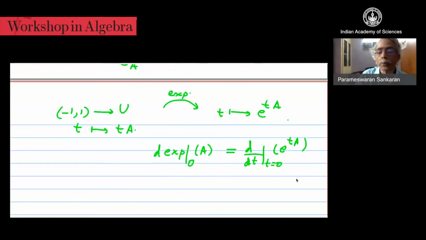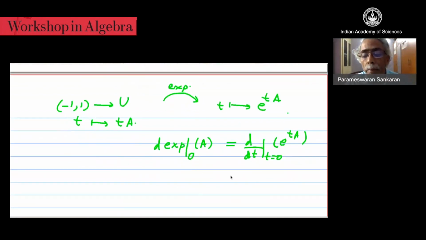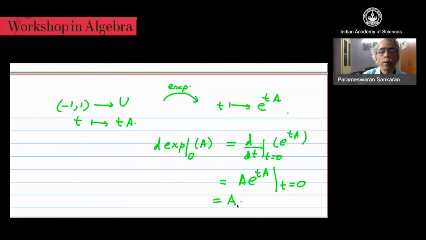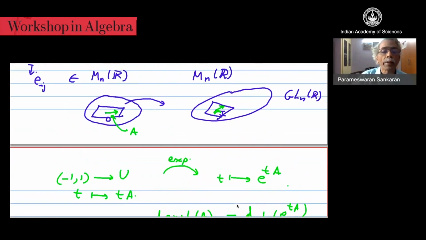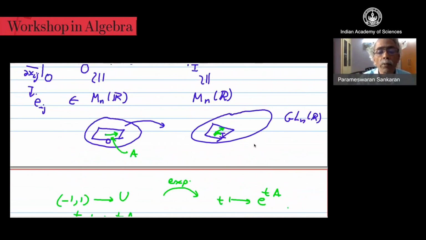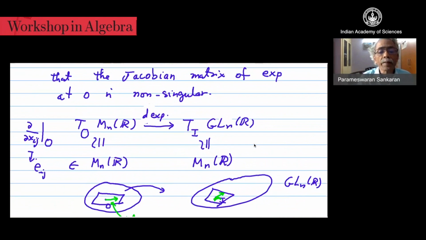And we know how to compute d by dt of e power ta. That's equal to a e power ta evaluated at t equals 0. And when you evaluate it at t equals 0, you actually get a. So in fact, you get the same vector. a goes to a. But that's an isomorphism. So that's an isomorphism of vector spaces.